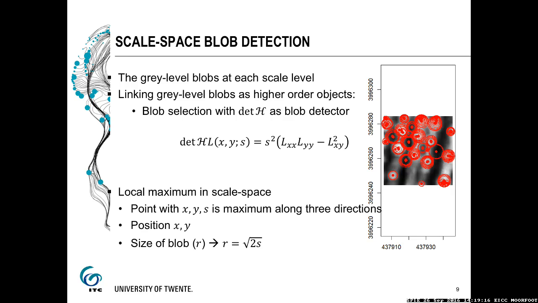The local maximum in the scale space can be considered as a point with x, y as a position and s as a scale, along the three directions. Those three directions in the determinant of the Hessian matrix are x, y, and s, and we have the maximum of each of them, and then we applied the interpolation between those points. And the size of the blobs is related to the scale.